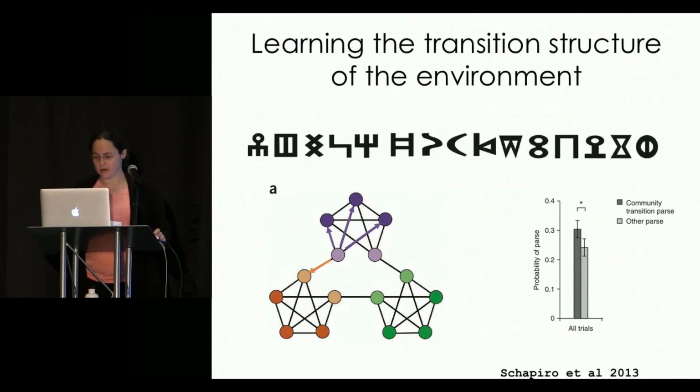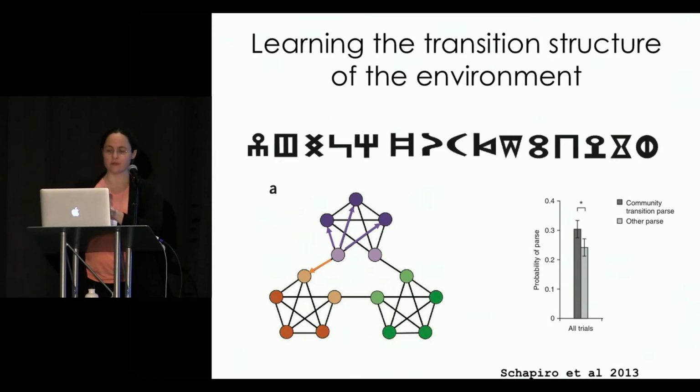Okay? And the participants were more likely to parse the sequence at those transitions here, those orange transitions, compared to within community transitions, which seemed to indicate that they were sensitive to this presence of bottlenecks in the transition between spaces, states in the space. Okay, so this was taken.